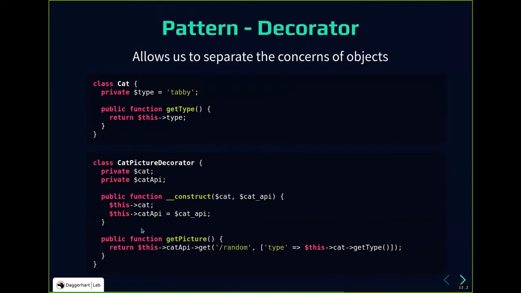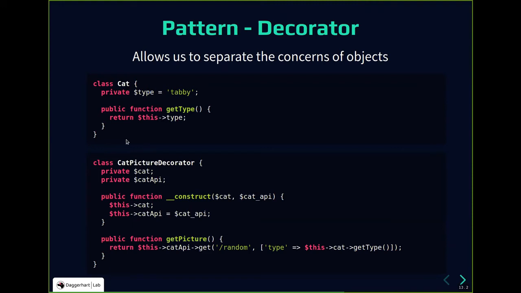I want to reinforce this a little bit. We could have made our cat class capable of fetching a picture from an API, but is that its job? That's an awful lot like doing a thing, whereas our cat really is just a series of attributes.